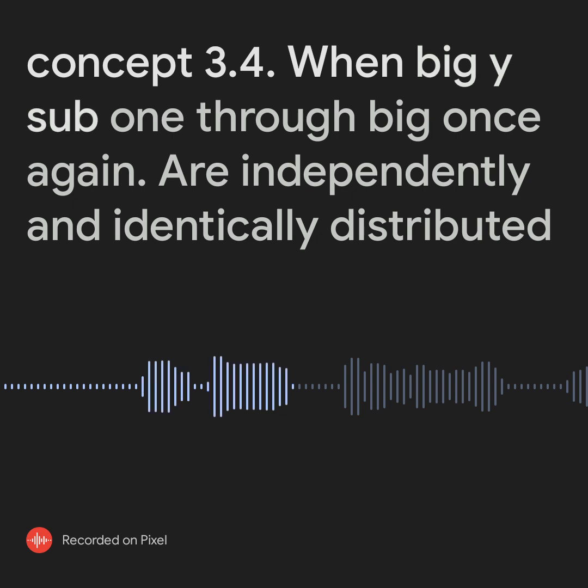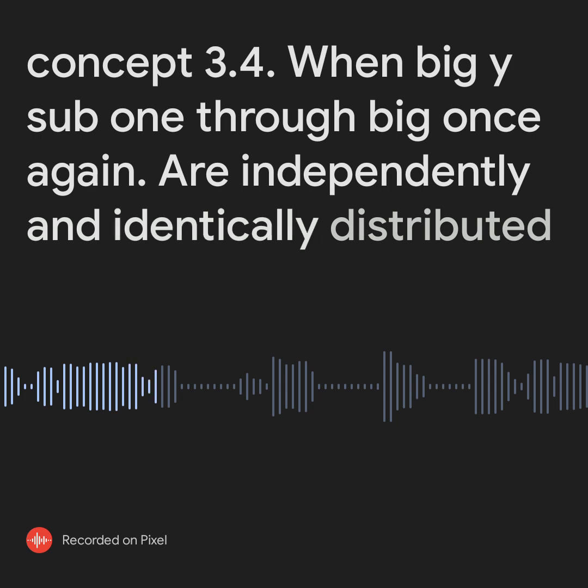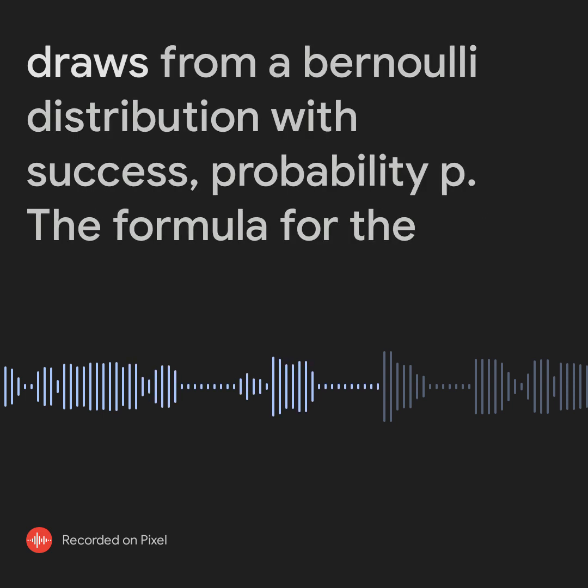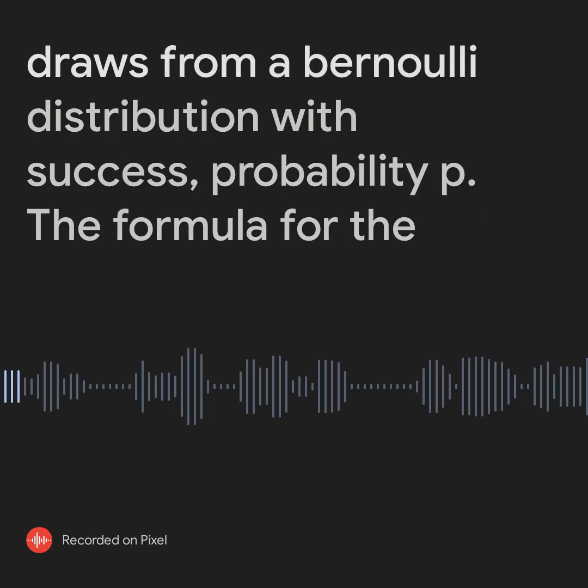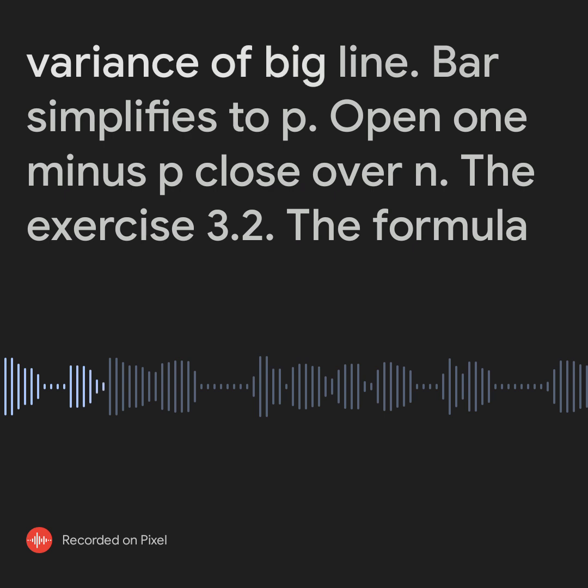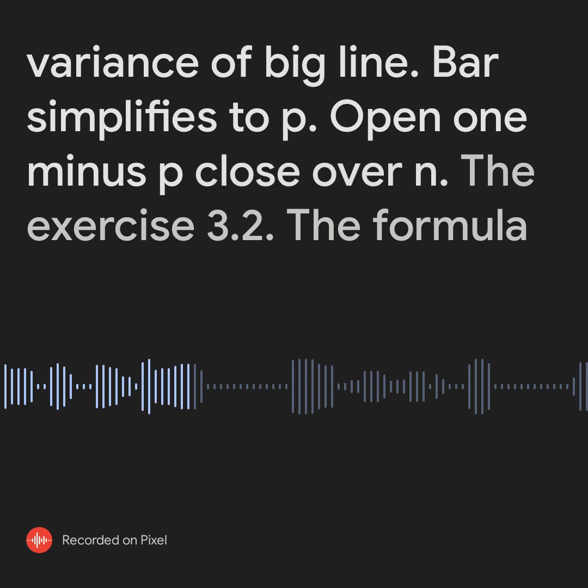When Y₁ through Yₙ are independently and identically distributed draws from a Bernoulli distribution with success probability p, the formula for the variance of Ȳ simplifies to p(1 − p) over n.